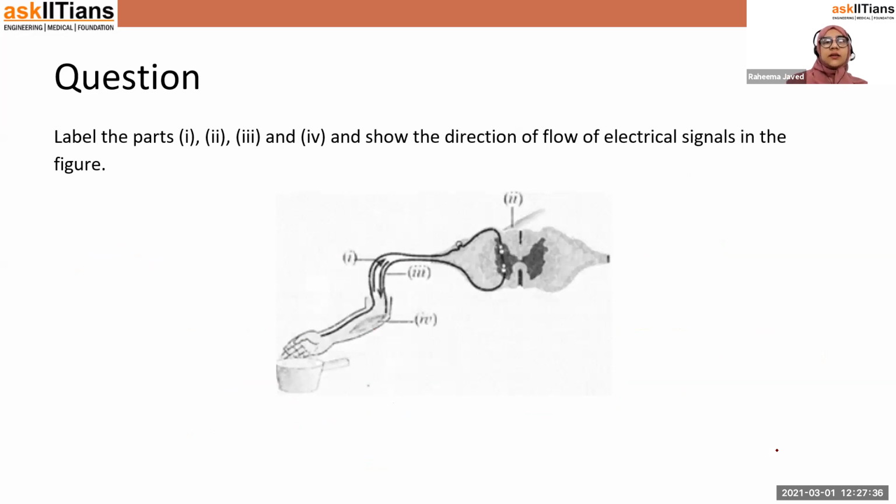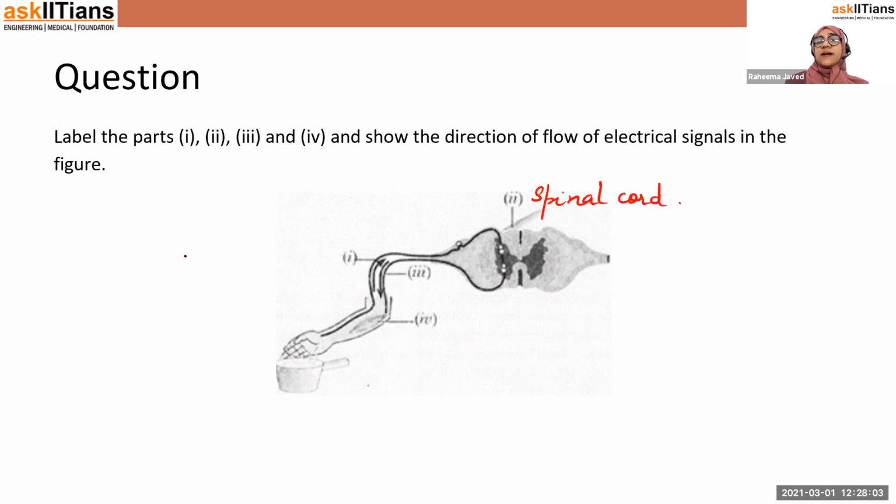Next question, label the paths 1, 2, 3, 4 and show the direction of flow of electrical signals in the figure. Okay, so the flow of the electrical signals in the figure is basically shown, but the first part is the receptor, no, it is not the receptor. Second is the spinal cord, obviously.